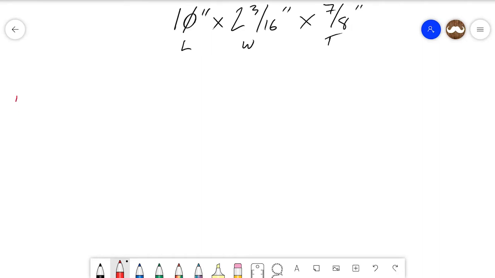It is our length times our width times our rough thickness times our number of pieces, and then all of that is going to get divided by 144, which is the number of square inches in a square foot. We're going from measurements in inches to board feet, so we have to convert our unit of measure.